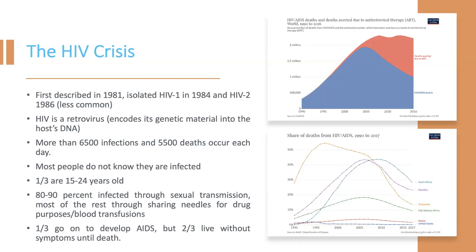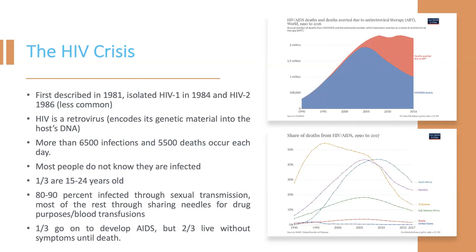HIV, most people don't know that they're infected. Most people get it through sexual transmission. And about a third live without symptoms, or 2/3 live without symptoms. We've developed these drugs that allow HIV to be suppressed in the body.